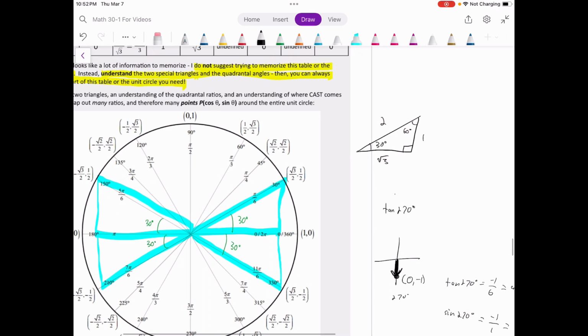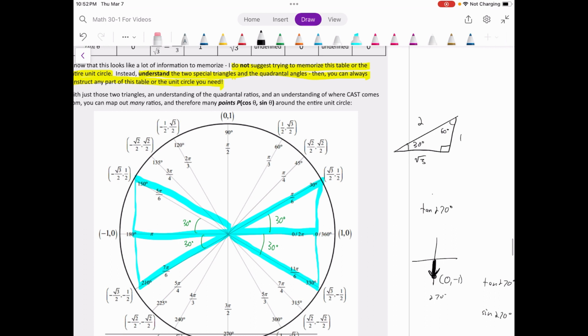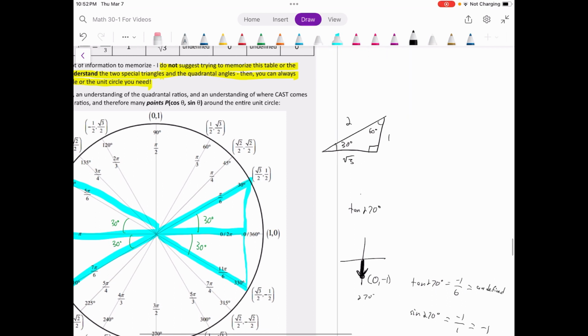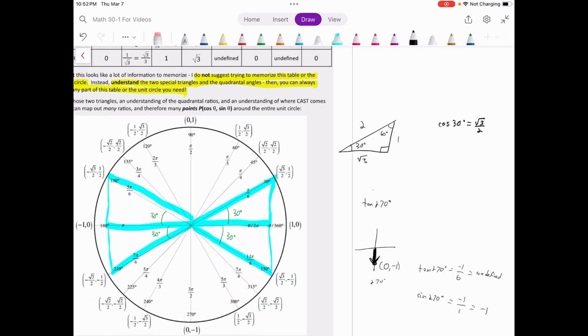then I can say, what is the cosine of 210? Well, once I recognize that 210 has a reference angle of 30 degrees, and therefore I can use my 30-degree special triangle, I can say, what's the cos of 30? It's root 3 over 2. And then the only thing left to do is recognize that 210 is in quadrant 3.